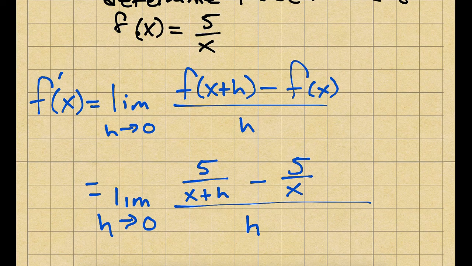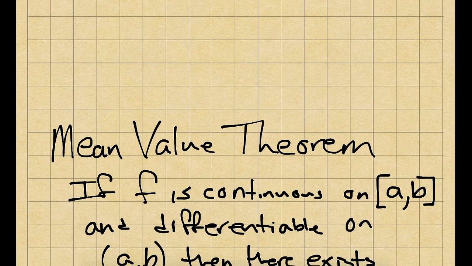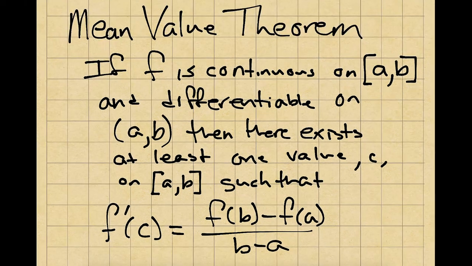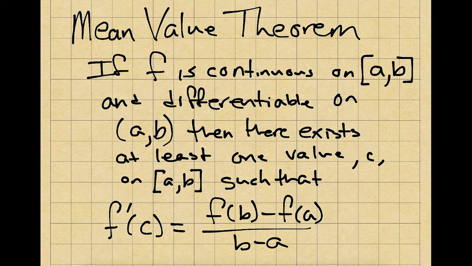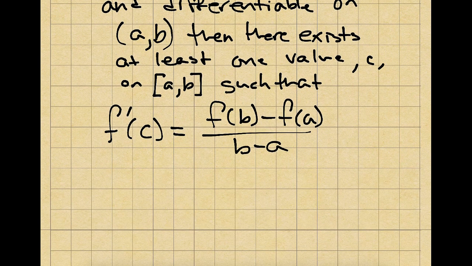So the last thing we're going to cover is the mean value theorem. We did the mean value theorem last year, and here's what it says, and then we'll draw a picture of it and what it looks like. The mean value theorem says that if f is continuous on [a, b] and differentiable on the open interval, then there exists at least one value c on the interval such that the derivative is equal to the slope.